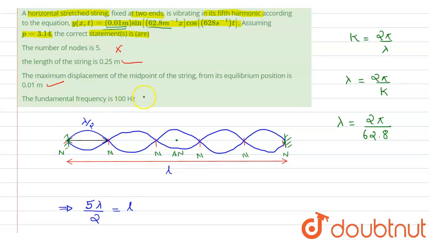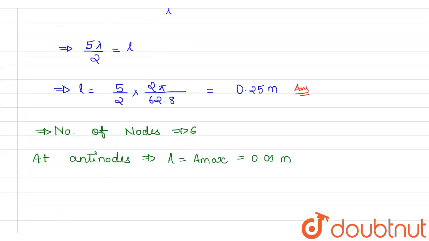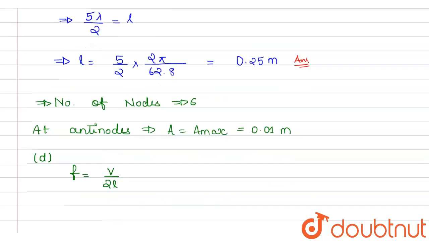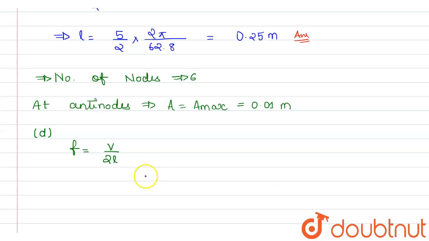If we talk about our fourth option, it is about the fundamental frequency. We write in part D, F is our fundamental frequency, and it will be velocity upon 2L. Our velocity will be simply omega by k.